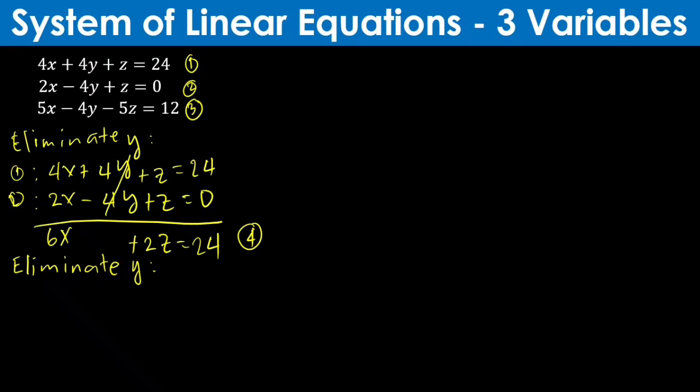Now, we already paired 1 and 2, so we need to pair another 2. Make sure it's not the same as the first we paired. So we could pair 2 and 3, but it's easier to pair 1 and 3 because y can easily be eliminated for that pairs.